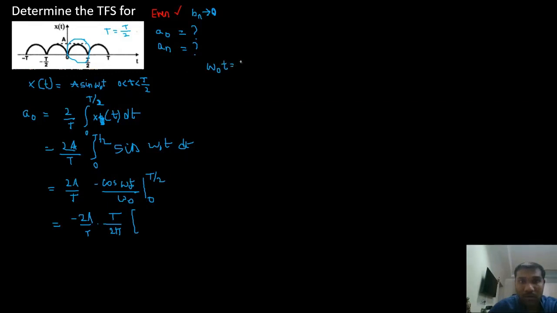What is omega naught t? It is 2 pi by capital T into, in place of small t, T by 2. So simplifying this we have pi. So cos omega naught t becomes cos pi. Cos pi is minus 1, minus cos 0. Cos 0 is 1, right?